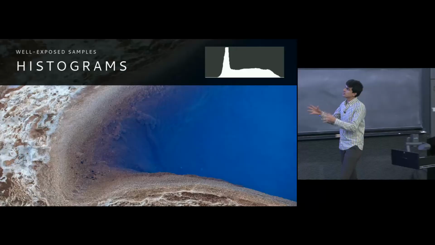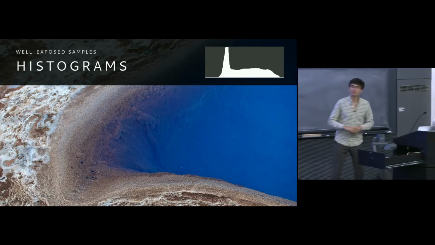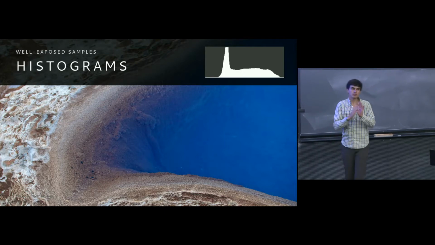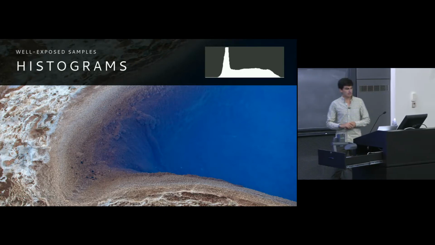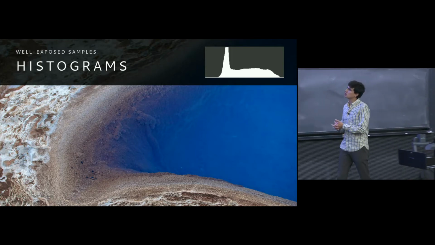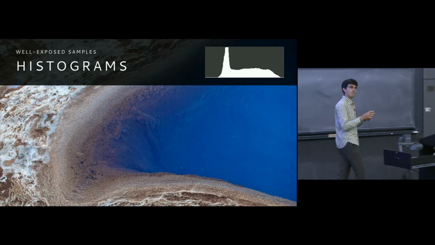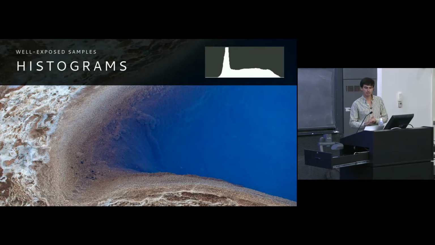So in this case, I would argue this photograph is well exposed. All of the tones are sort of in the middle range. As you can see here, there's perhaps a peak sort of to the left of the middle in this slightly darker range. It's kind of tricky, though, to identify which portions of the image are actually making up this aspect of the histogram. What is that peak actually representing?